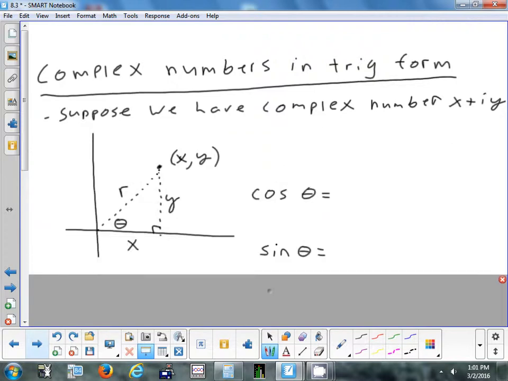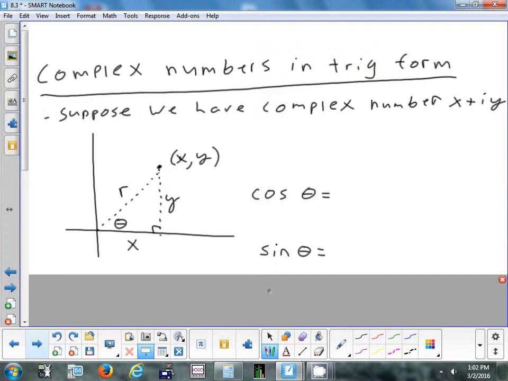All right, so when we're writing a number in trig form, we're not going to use x and y. x and y is for standard form. Trig form uses two other things. It uses an angle, and it uses a radius. The angle is the angle with the positive x-axis.